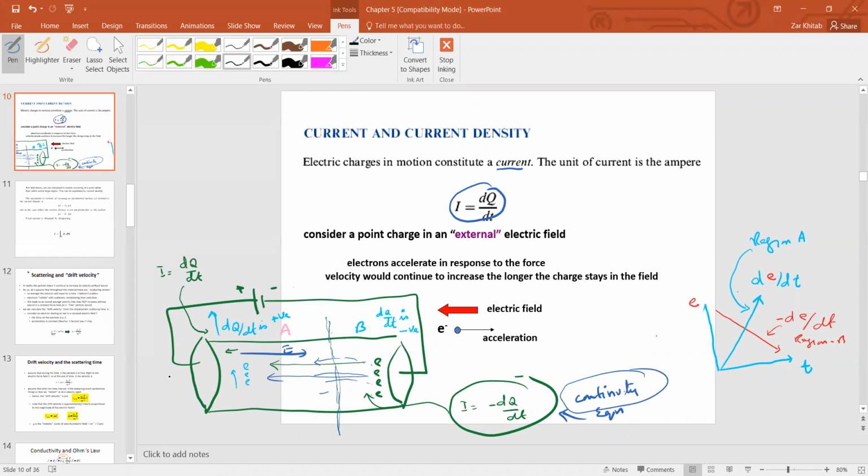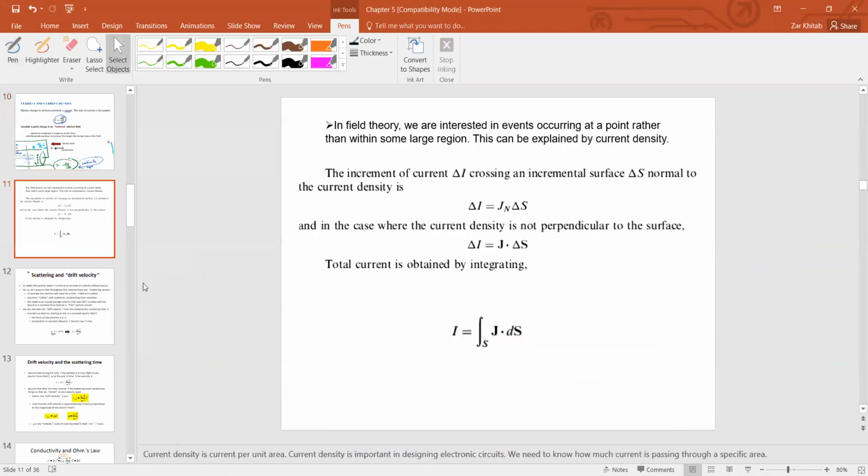Okay, so then there's a definition of current density. If I take this conductor, say this is some cross-sectional area A, right?